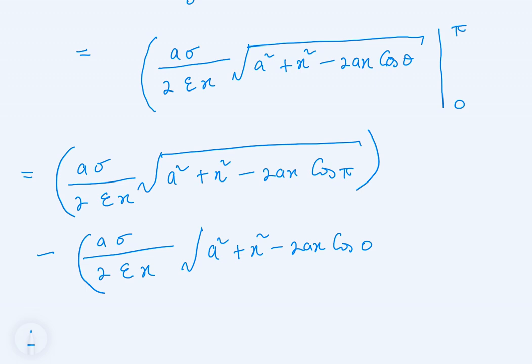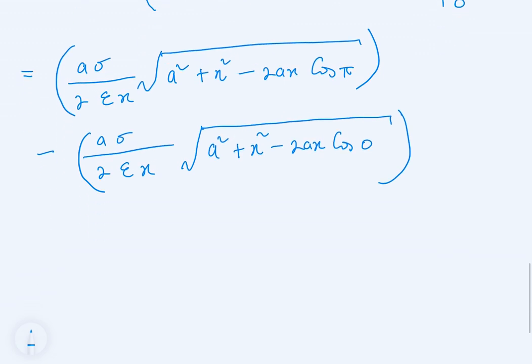So we first apply pi into the antiderivative, and then of course we apply 0 in this way. This is how we evaluate this indefinite integral here.